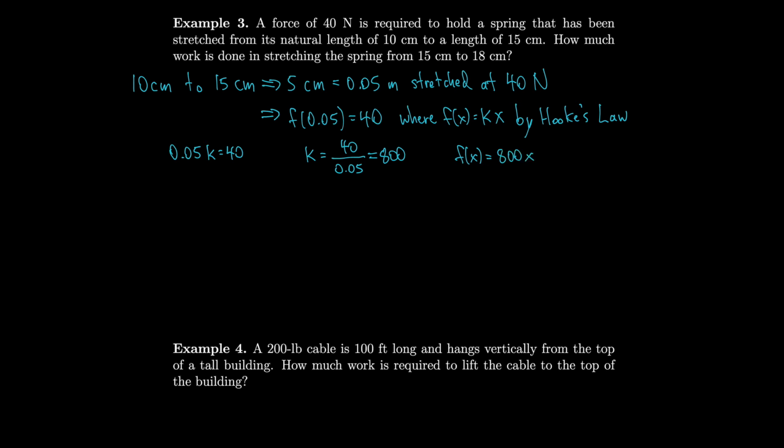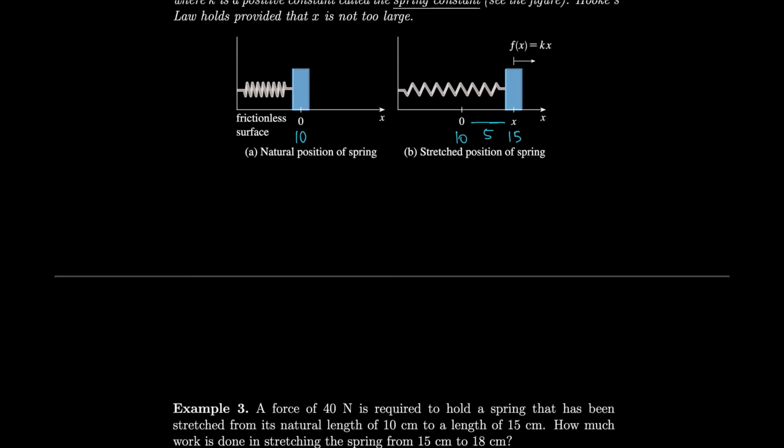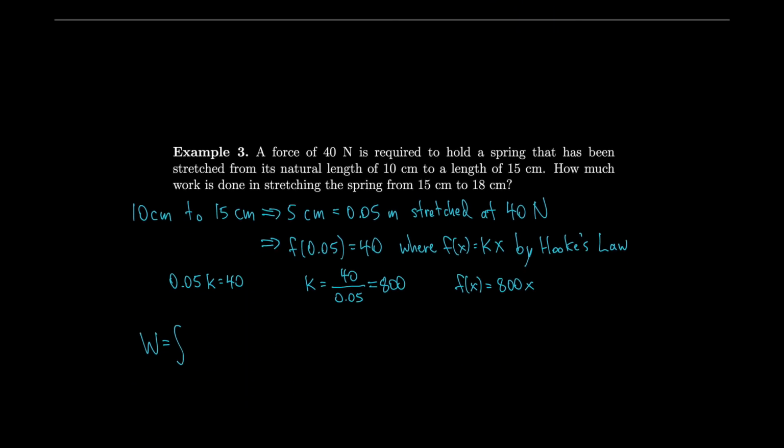So now we can calculate the work done. Our work done will be our integral. We want to do it for stretching the spring from 15 centimeters to 18 centimeters. So that means we're going even farther. Remember, our force is a measure of how much we've stretched.